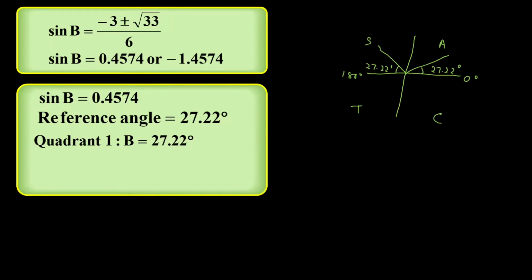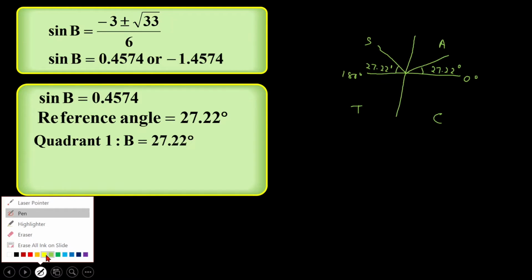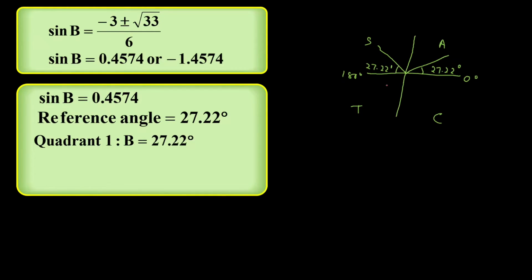But for the second part, I will need to go over to the second quadrant, and I'm going to get the angle from this line here until here. So I'm going to take 180 degrees and minus 27.22 degrees, and that will give me my answer, 152.78 degrees. Okay, so I'm done with that.